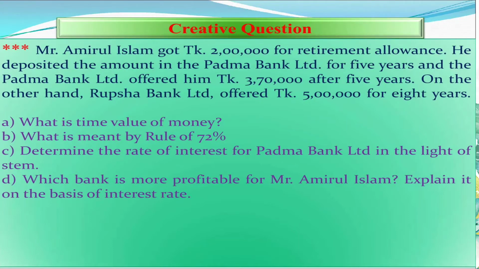So you see in this scenario that Mr. Amirul Islam got 2 lakh for his retirement, and he deposited this money in Padma Bank for 5 years, and after that the Padma Bank Limited offered him Taka 3,70,000 after 5 years.